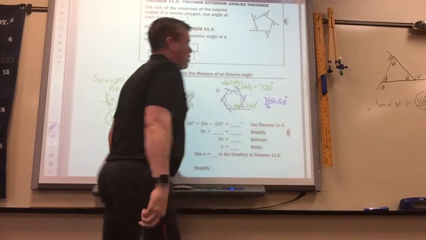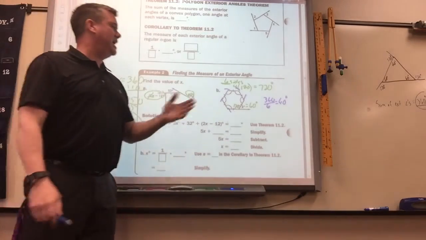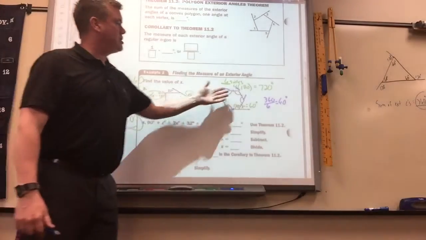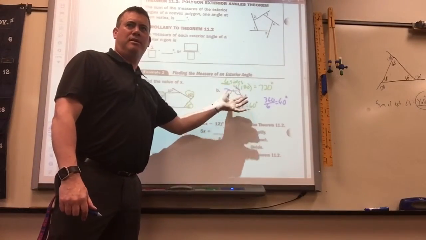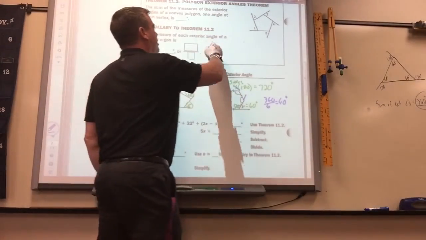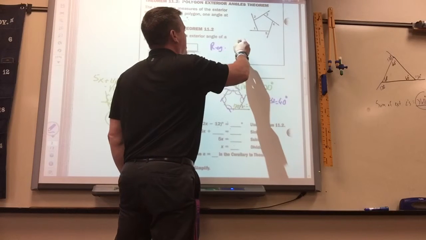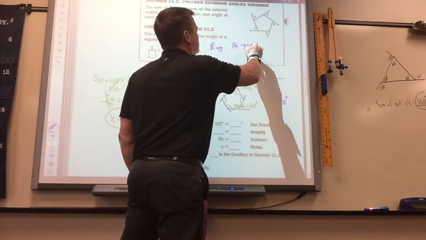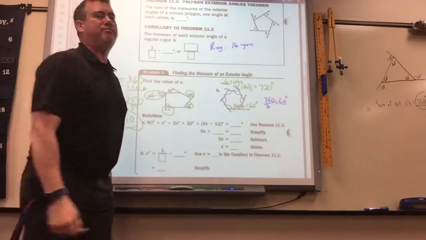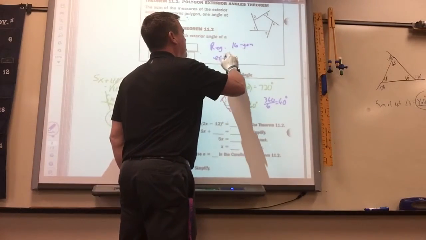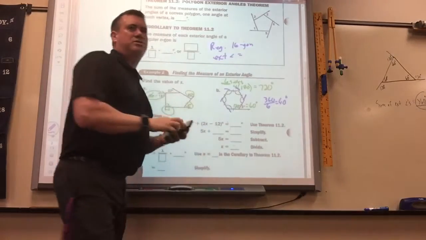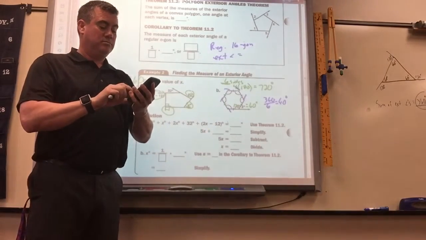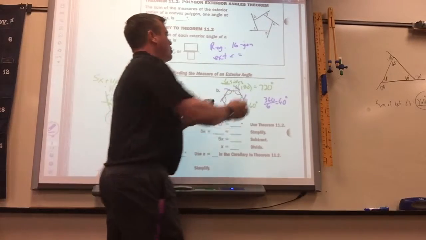So if it's regular, which again, after this section, they will all be, you just take 360 divided by how many there are. If you have a regular 16-gon, and they wanted to find every exterior angle, you would just take 360 divided by 16. And it's 22.5.